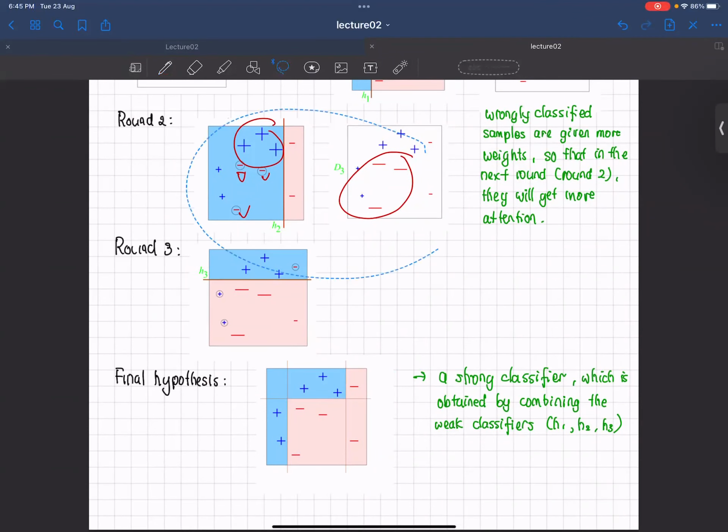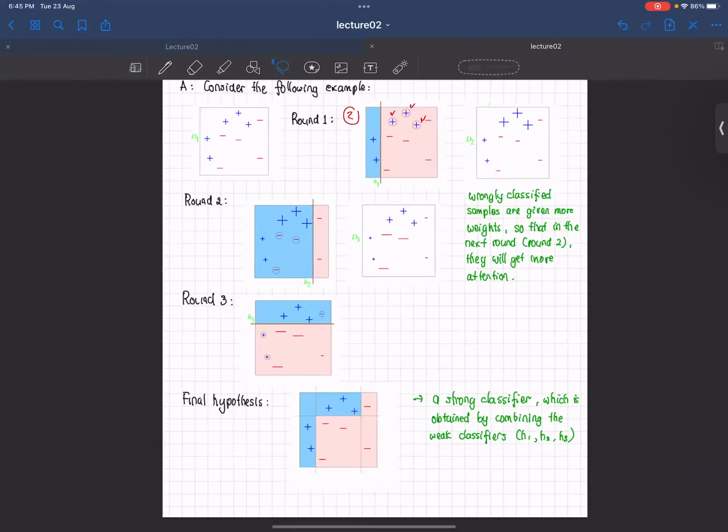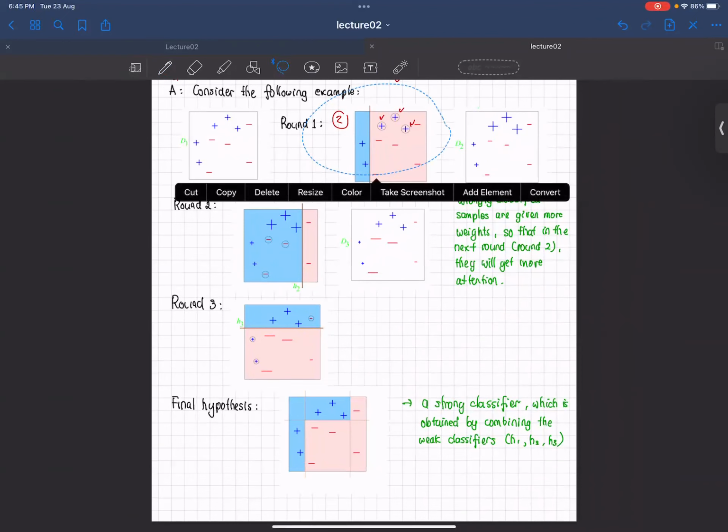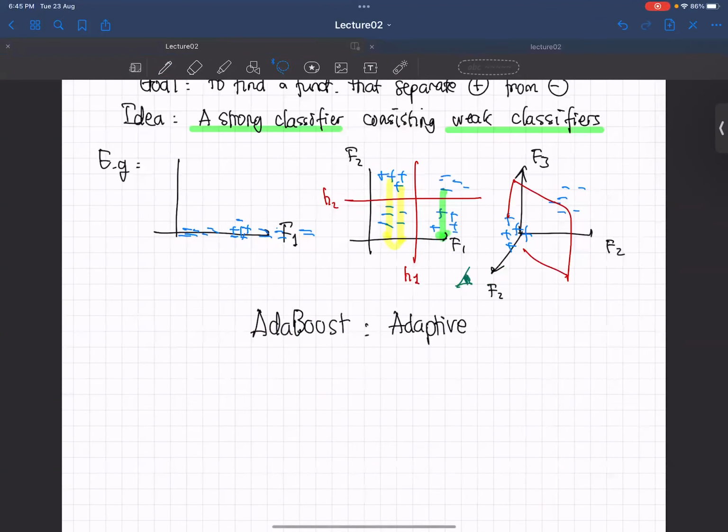Any questions so far? Okay, if there are no questions, let's continue. So you now know the idea of adaptive: we have weights to influence the focus of the classifier.